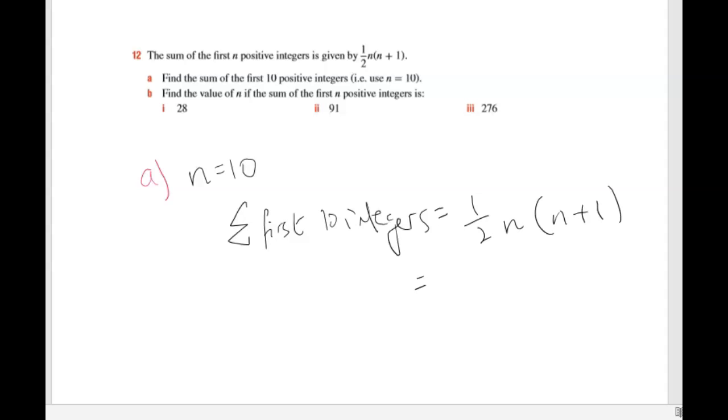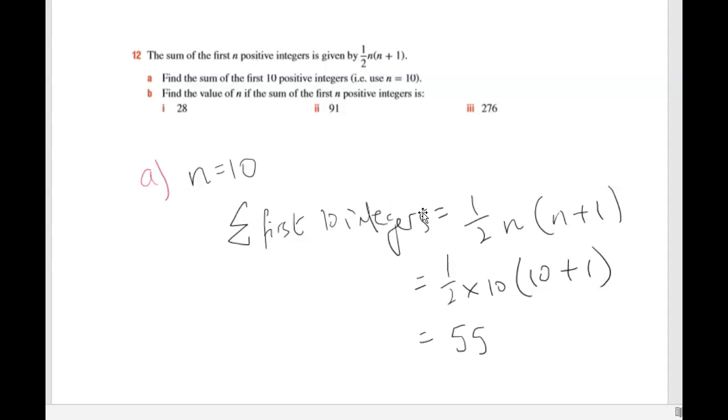Now n is equal to 10, so it's a half times 10, 10 plus 1, and we're just going to put that all together. So a half times 10, that's the same as 10 divided by 2, which is 5, and then 10 plus 1 is 11, so our answer is 55.